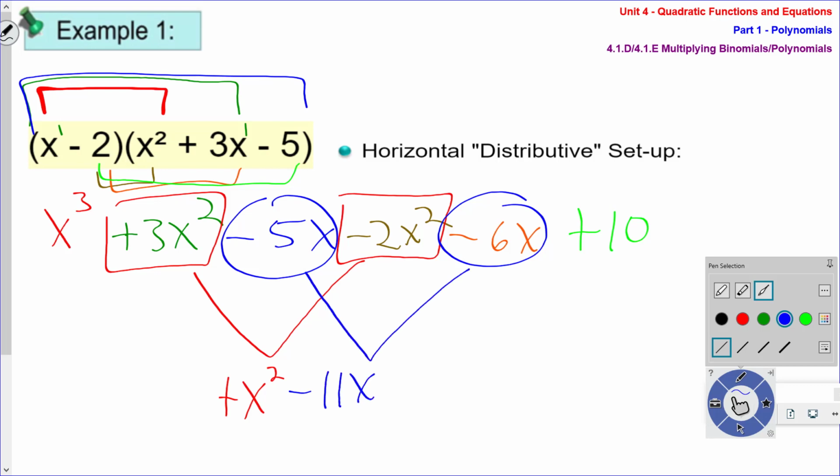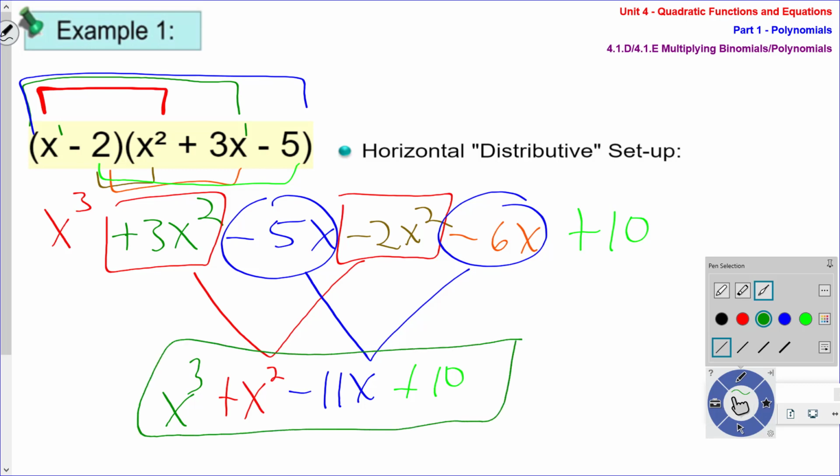Are there any other like terms? No, so we'll just bring the rest of them down. Positive 10 and x to the third. X to the third plus x squared minus 11x plus 10. This is the product of these two polynomials.